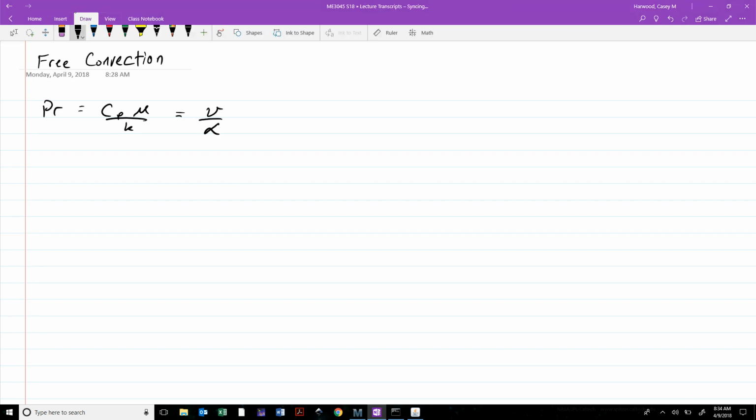Based on some rather obnoxious notation in the book, I mistakenly told you that this K should be for the solid. That might be the case for some very particular applications, but in reality, all of these should pertain to the fluid in convection calculations. So this is a fluid property, which is why you can look it up in tables in the back of the book.